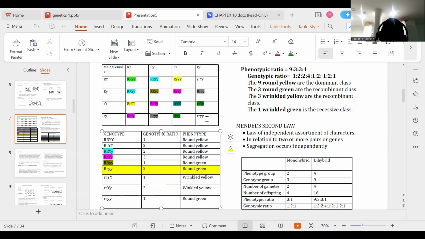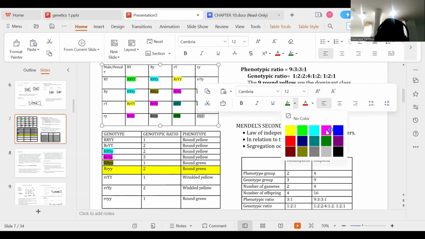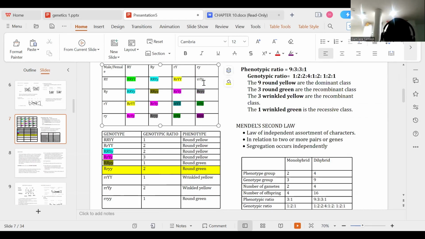I think there's one that I omitted again. I'm not sure. I'll check it through now so I will know what is going on. Okay, there's one I did not paint here, so I'm not sure if we use it or not. 2 small r, 1 capital Y, and 1 small y.